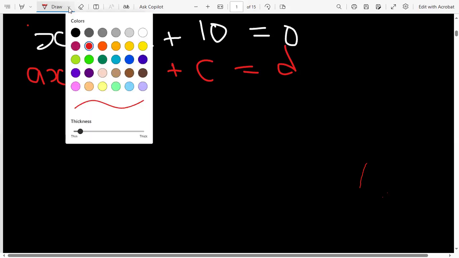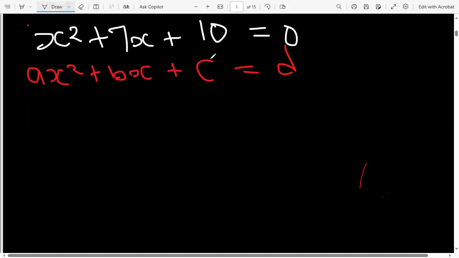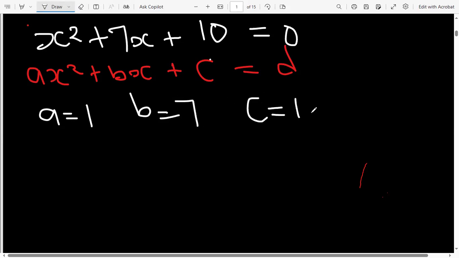So if I was to get my a, my b, and my c from this equation that I have on top there, okay, a is equals to, what is the coefficient of this guy here? Just be 1. And then b is equals to, the coefficient of this 7x is actually 7, and then c is just 10.